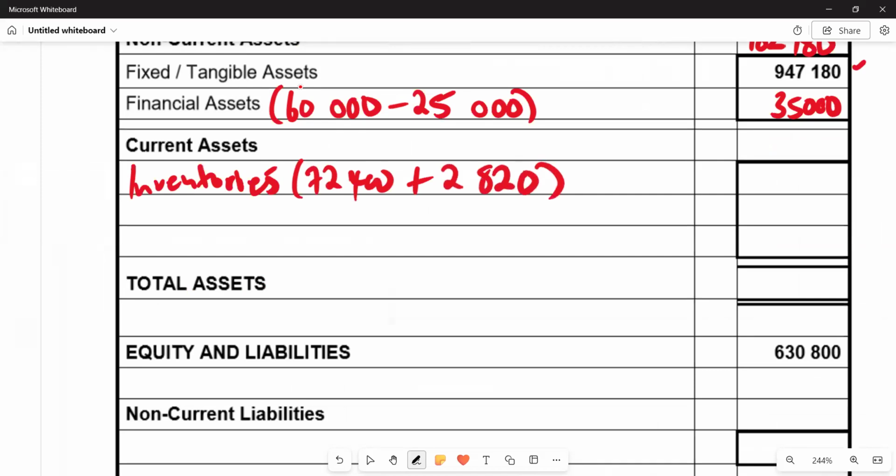We add the two, and you are going to get your 75,220. So this is what we get. Then we can continue. Next, remember we said that the main components or elements that we are going to have in terms of our current assets are inventories, and then we also have our trade and other receivables.